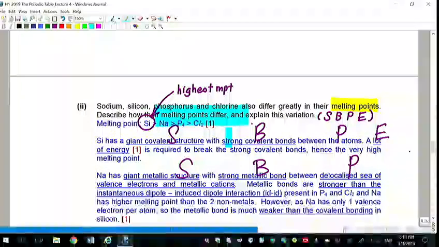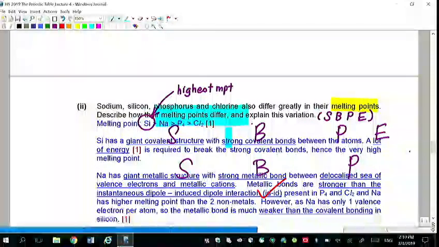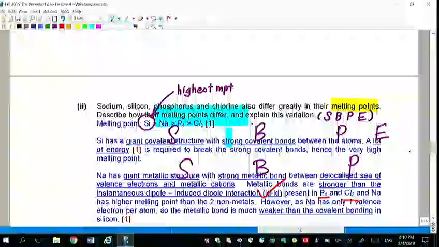Meaning to say that you need to tell me that metallic bonds are stronger than ID-ID interaction. Do not just write ID-ID interaction. You need to spell out in full, instantaneous dipole-induced dipole (ID-ID), then subsequently you can use ID-ID, in P4 and Cl2.